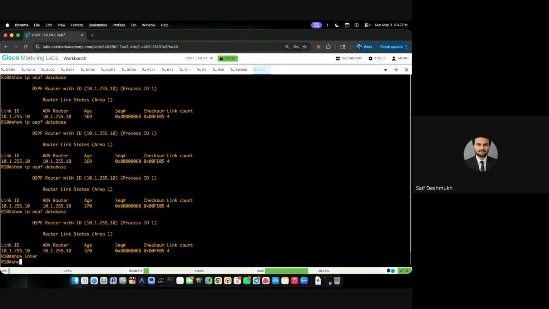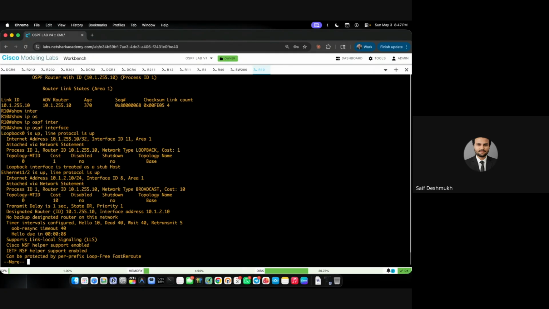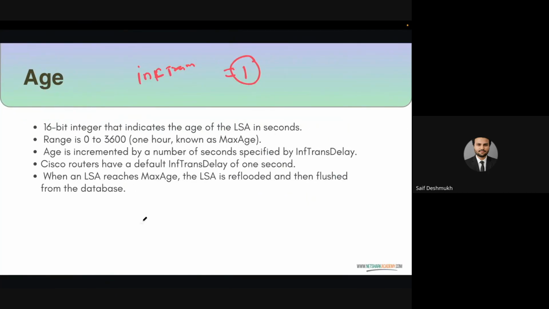Show ip ospf interface, transmit delay, 1 second. So there is a behavior that if I sent an LSA, assuming we didn't change anything, its age is going to reach the max age of 1 hour.